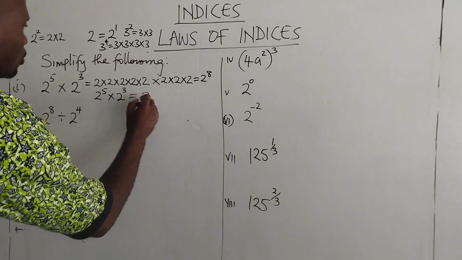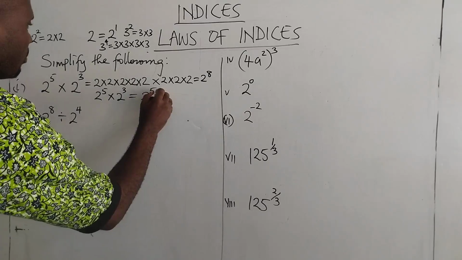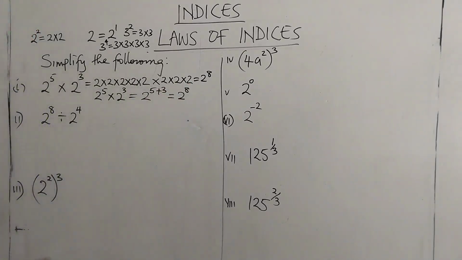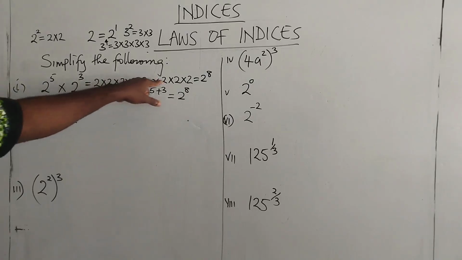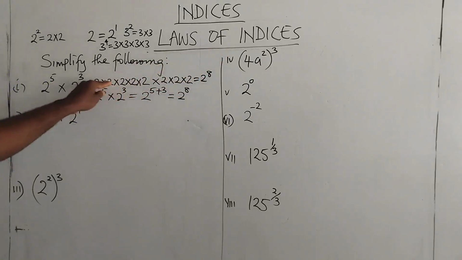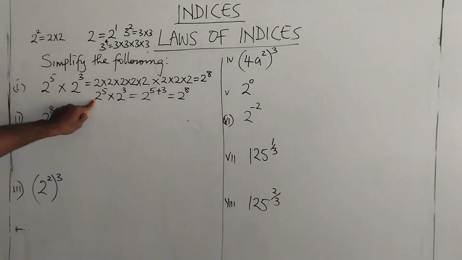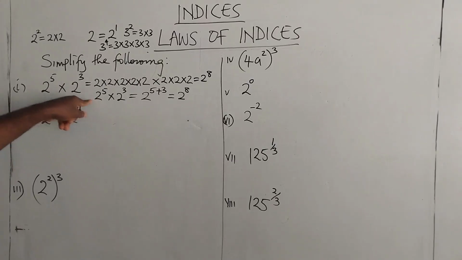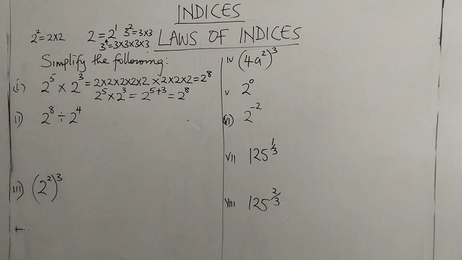So it becomes 2 raised to power 5 plus 3, and that will give you 2 raised to power 8. So the multiplication law says instead of multiplying the numbers out in this format, why not shorten it this way? You will still arrive at the correct answer. So this is what we call multiplication law.